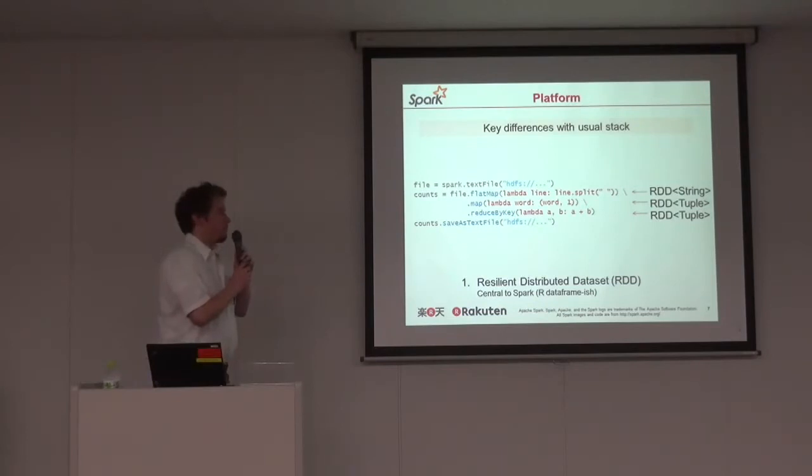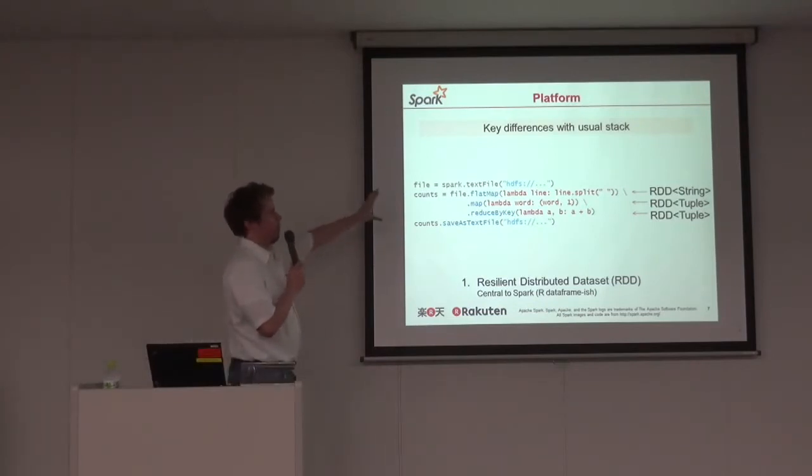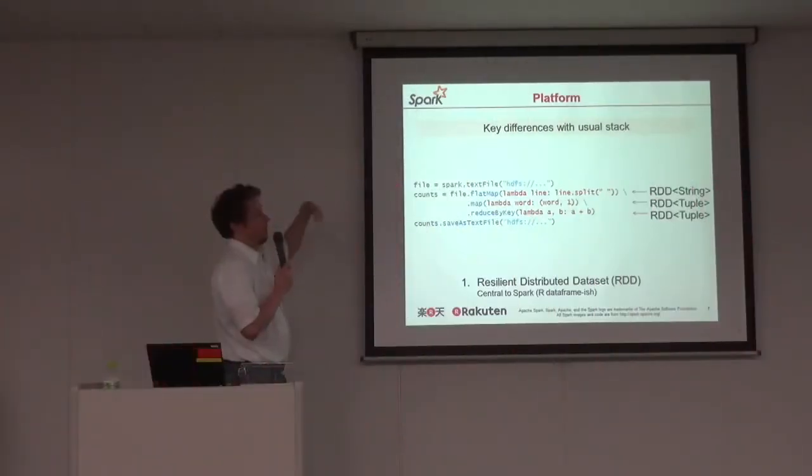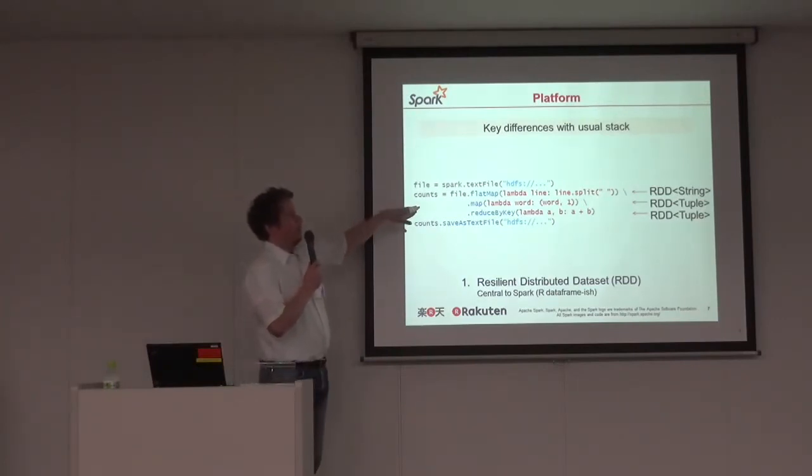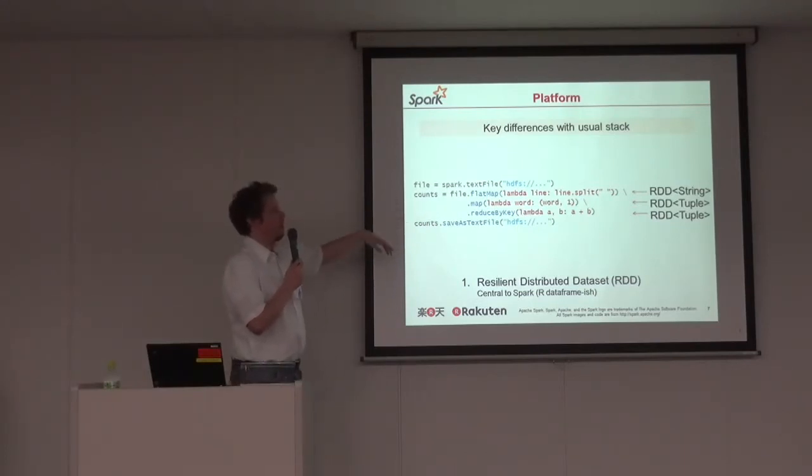Okay, so this is what Spark code looks like usually. It's reminiscent of the higher-level languages that we have built on top of Hadoop. You have a file, for example, a log file with a line, maybe a log or something. This is for text, so counting words.